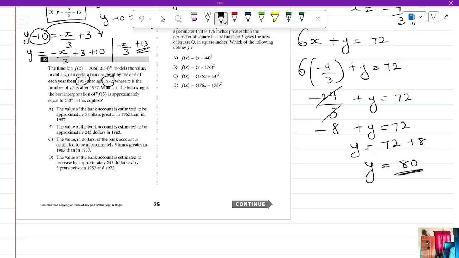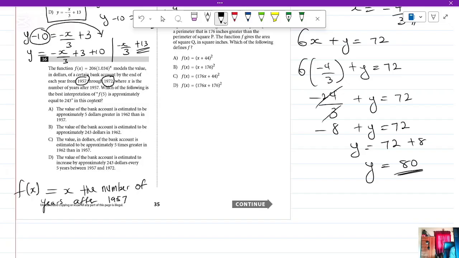Now, for us to look at this, as I said earlier, it's very simple. In f of x, the x is talking about the number of years after what? 1957.